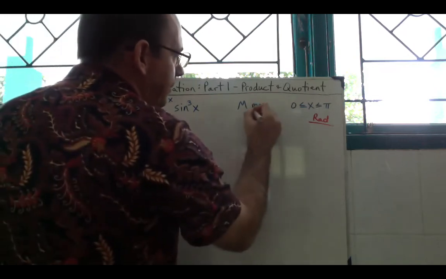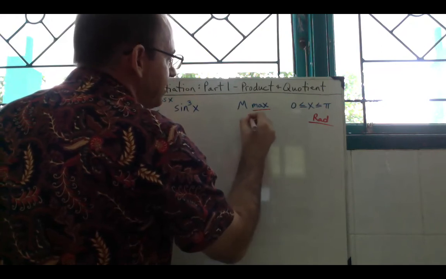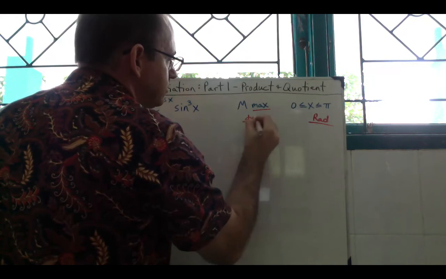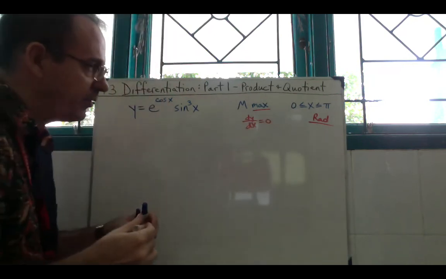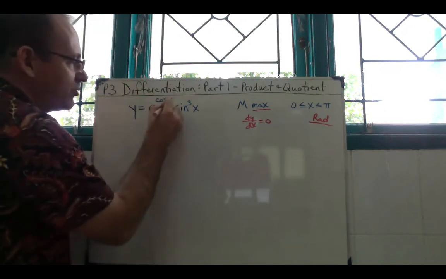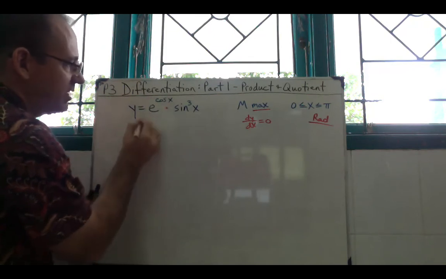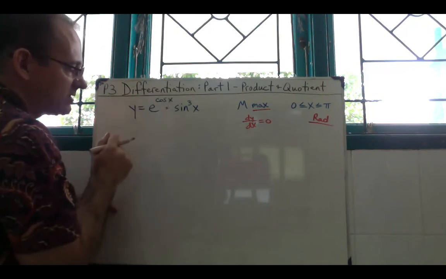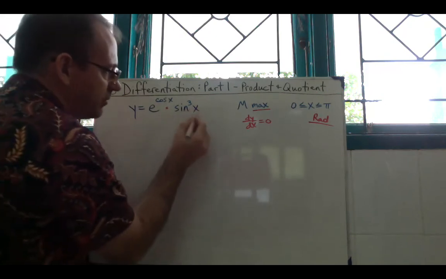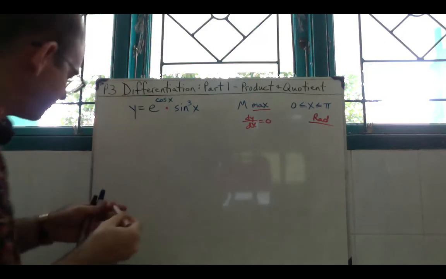Here we have maximum, so that means we need to do the derivative and set it equal to 0 for stationary points. And the derivative now is what we want to apply, and we have the product rule, this exponential term that has an x in the power, and we have a trigonometric term with x in the argument, and we're going to do the product rule.